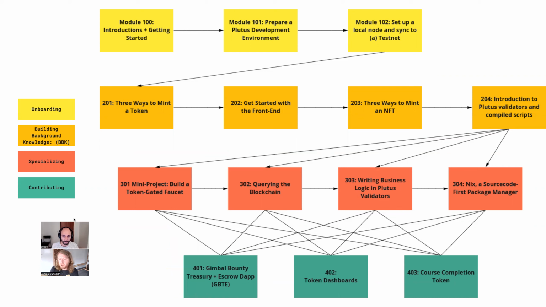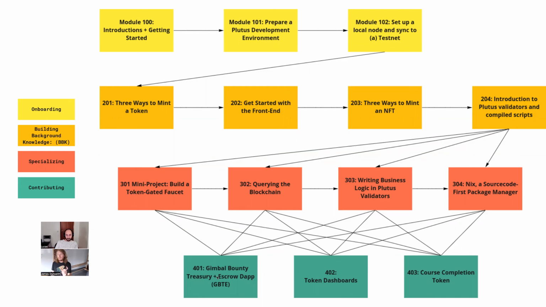Let's take it from just the GBTE perspective for just a moment, okay? The way this DApp works is it's two contracts. One contract is a treasury that holds a bucket of tokens. The other is a contract that holds in escrow instances of each commitment that somebody makes.